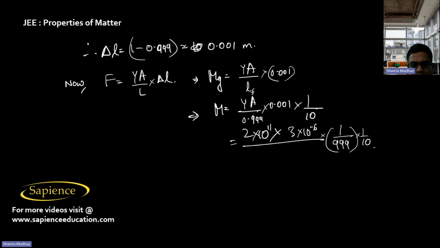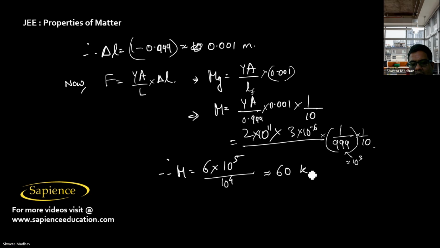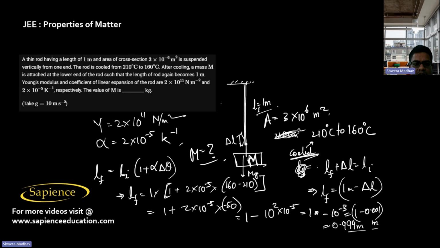So m is YA by L final into delta L by g. Therefore the mass m is approximately 6 into 10 power 3 into 10, that is 6 into 10 power 4, so approximately 60 kg is the approximate mass m.